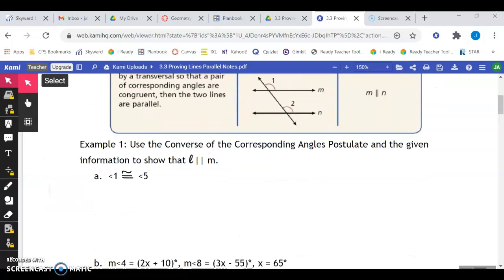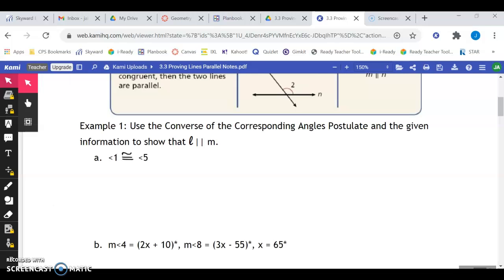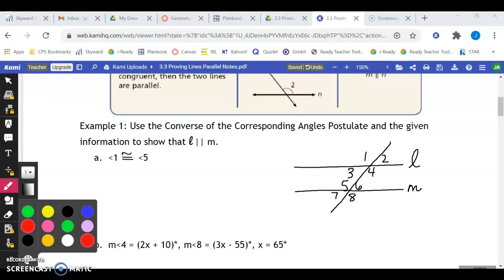With that being said, we are going to have to use the converse of the corresponding angles postulate and the given information to show that L is parallel to M. I need to draw my picture here first. They have given the information that angle 1 is congruent to angle 5, so this angle is the same as this angle. We know that is true because these are corresponding angles.